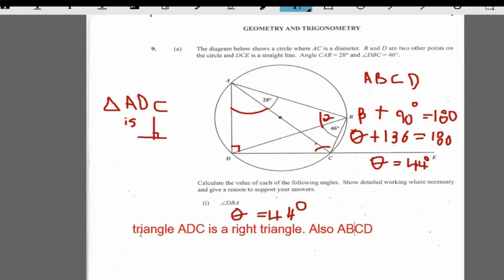Also, the quadrilateral ABCD forms a cyclic quadrilateral.